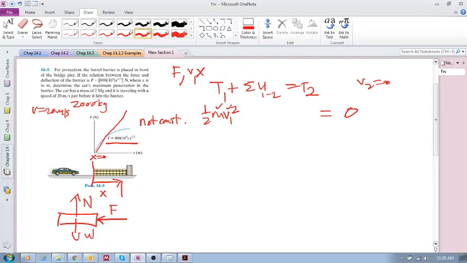But now remember, this is work. So there's the integral of 800 times 10 to the 3, x to the half dx. Because it's a non-constant force, it needs to stay inside the integral.